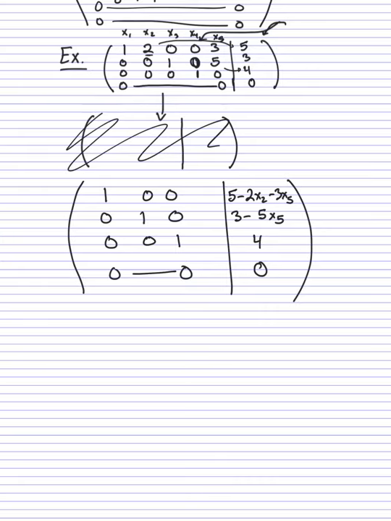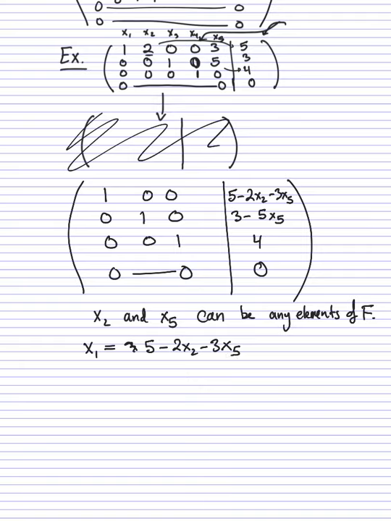All right, so therefore my solution is, well, I say x2 and x5 can be any real numbers, or any elements of F, whatever field I'm working over. And then I know how to solve for the remaining variables. So those can be anything. And then I get x1 is equal to 5 minus 2x2 minus 3x5.